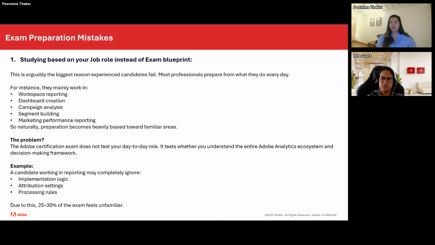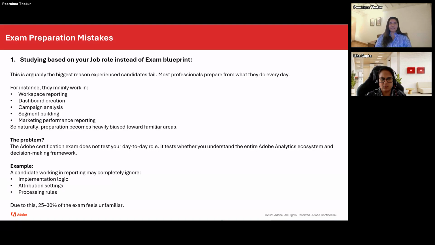There is a section in your segment sharing that says publish to Experience Cloud. Do you know why you need to check that? Do you know why you don't have to check that? Very nitty-gritty, small questions that maybe you have looked at but not paid attention to can be asked.